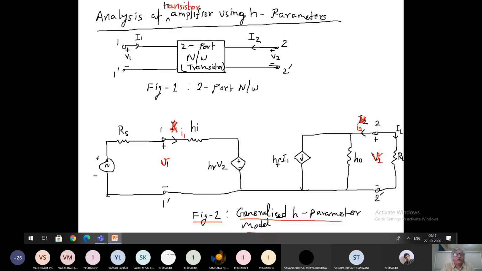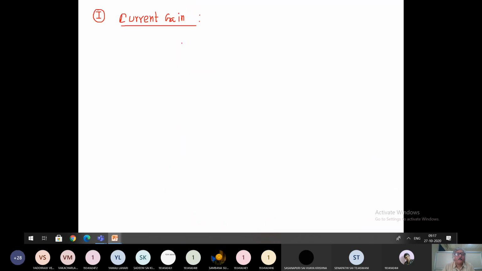So first we'll find out the current gain. Right? So first from this figure 2, we will write the two equations of the h parameters, right?